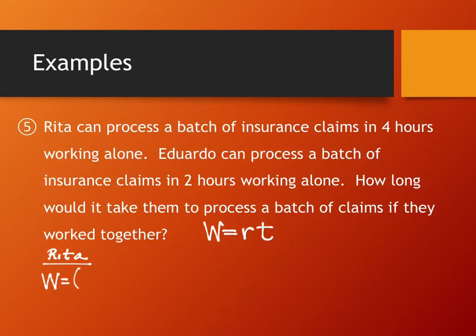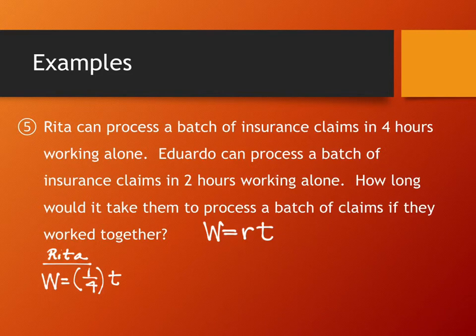That's her rate. Her rate is 1/4 of the job. You can think of it as how much per hour. She's working at a rate of 1/4 per hour. And she works for a certain length of time. She works for 4 hours when she does the job by herself, but when she's doing the job with the other person, she will work for fewer hours. It will be fewer than 4 hours.